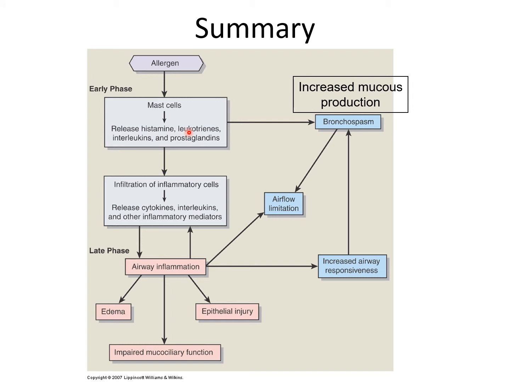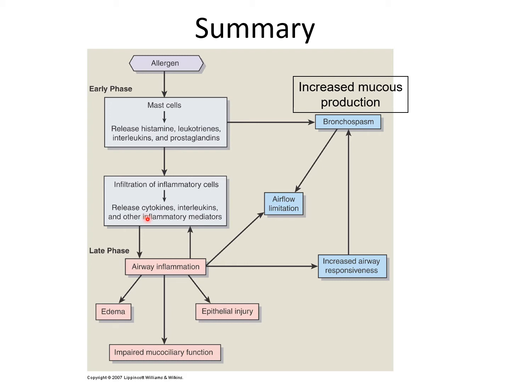And those will directly result in bronchospasm, but they also call in the cavalry, so we get infiltration of inflammatory cells. We get this inflammatory soup, if you remember the inflammatory soup that's going on, and interleukins play a large role in that, as well as other inflammatory mediators. I forgot leukotrienes up here, right? The slow reacting substance of anaphylaxis is being released in large numbers as well.